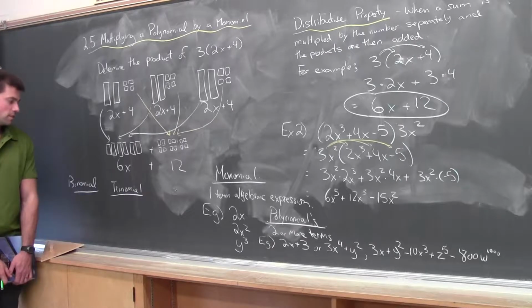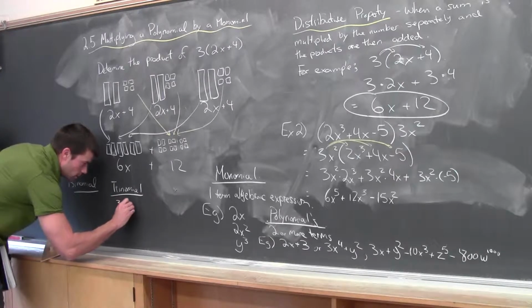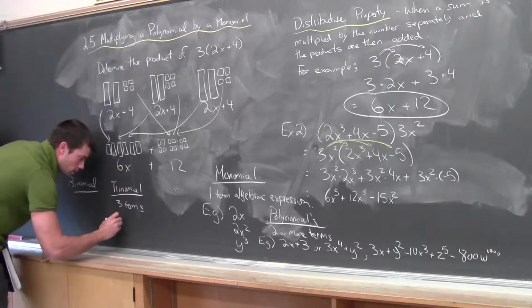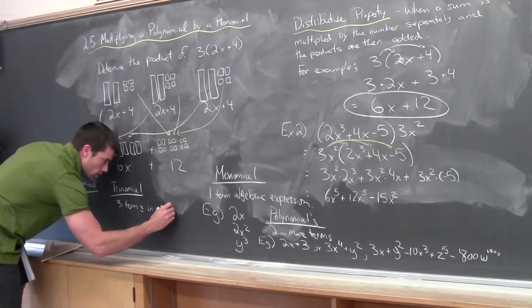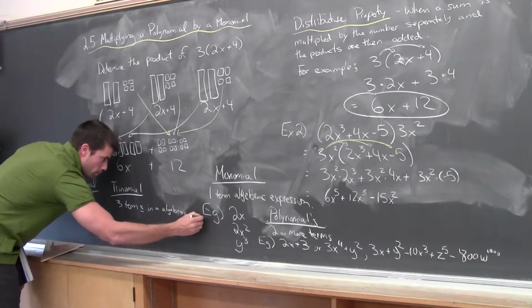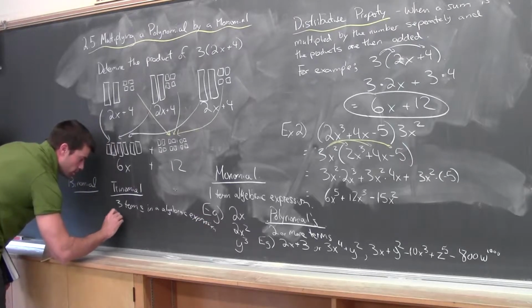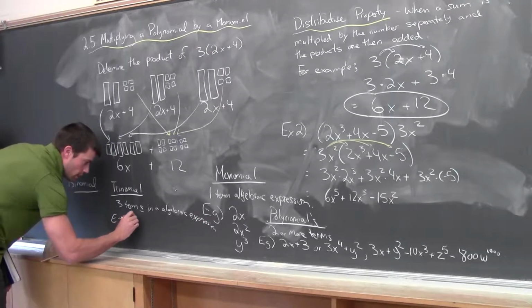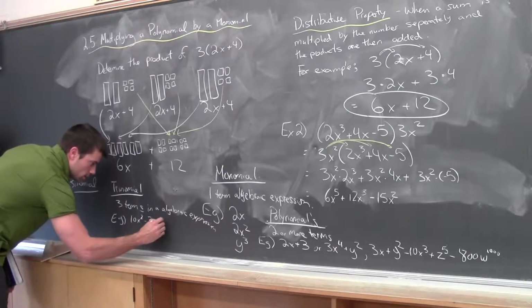Kevin? A polynomial with three terms. Good. So three terms in an algebraic expression. So examples would be 10x squared minus 3x plus 7.